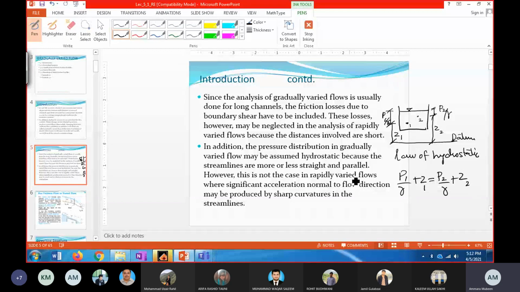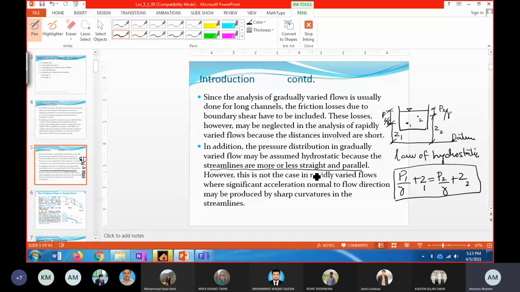Okay, this is the law of hydrostatics applied to the stationary fluid contained in a vessel. The same law can be applied to fluid which is in motion, but having streamlines straight and parallel. So how can you apply that?